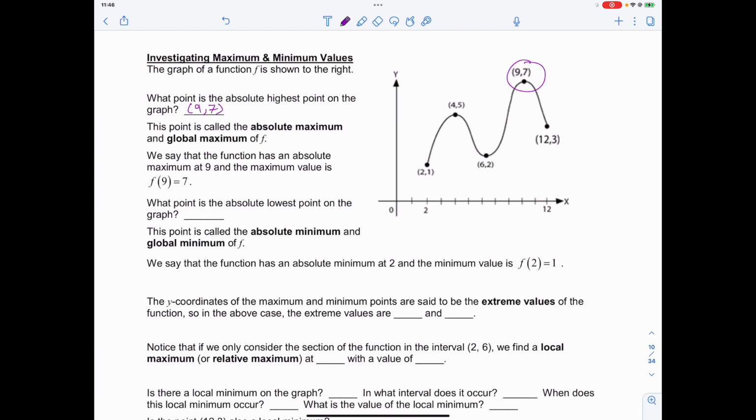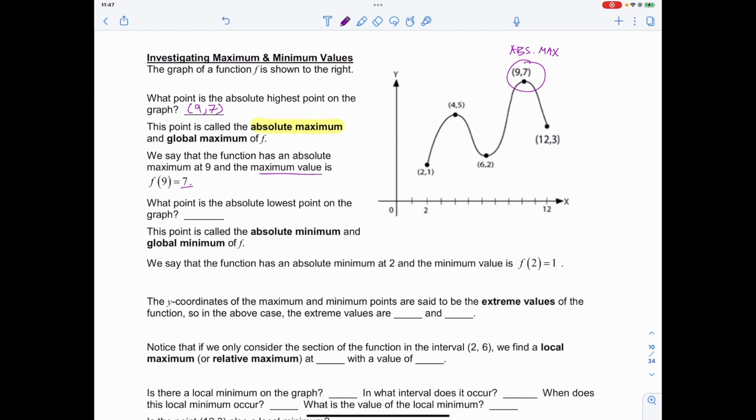This point is called the absolute maximum of this function. We say the function has an absolute maximum at 9, where x is equal to 9, and the maximum value is f of 9, which is going to be 7.